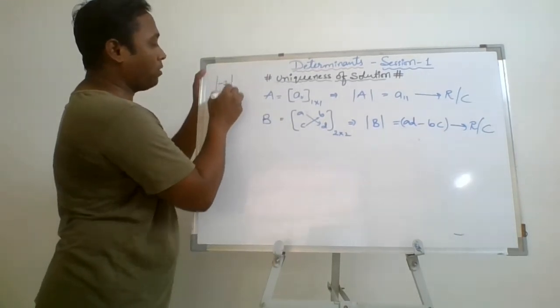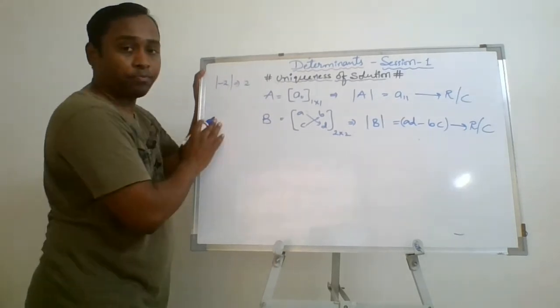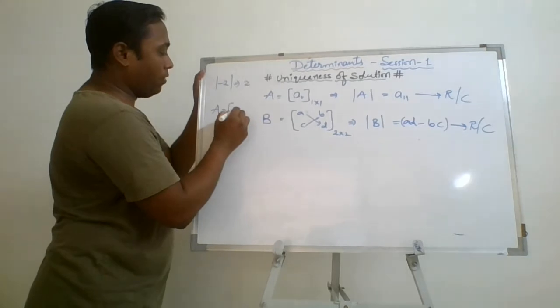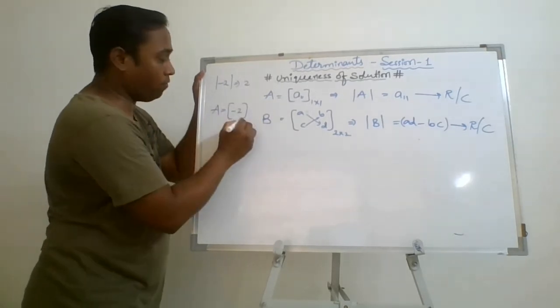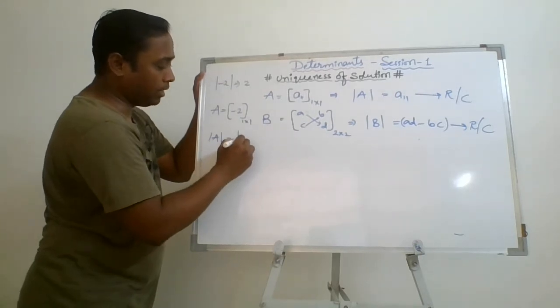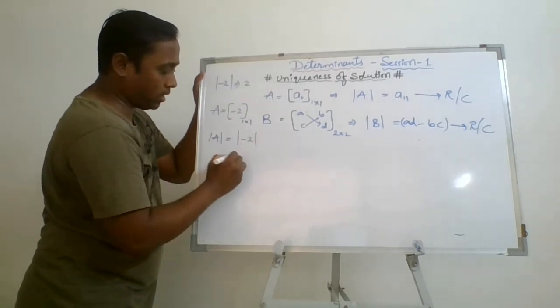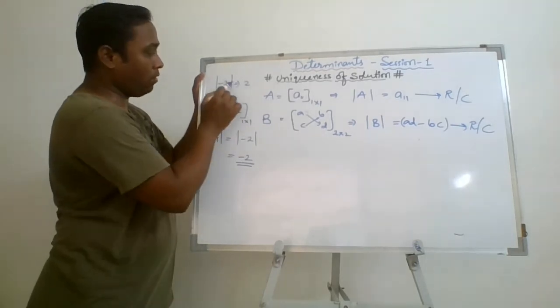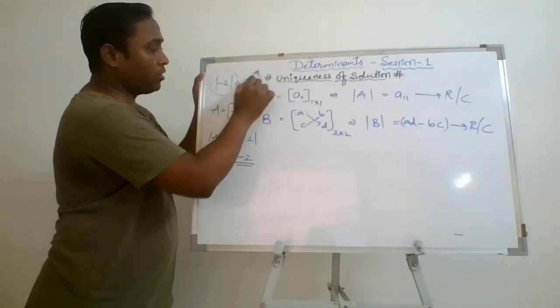Let us say the modulus of minus 2 is 2. But if a square matrix has one element, minus 2, of 1 by 1 order, then the determinant of A will be the determinant of the matrix minus 2, which is minus 2 only. So when I say the modulus of the number minus 2, it is 2.